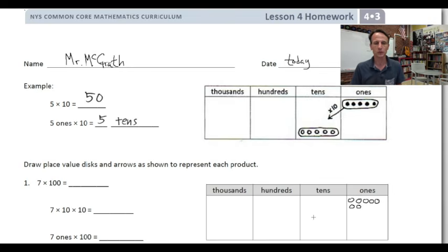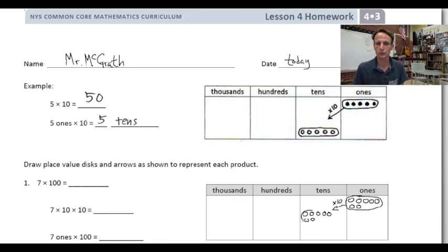Now, we're multiplying it by 100. So 100 is 10 times 10, right? So we will multiply by 10 twice. So we're going to take these ones and multiply them by 10. They will ride the times 10 slide. And here we go. 1, 2, 3, 4, 5, 6, 7.